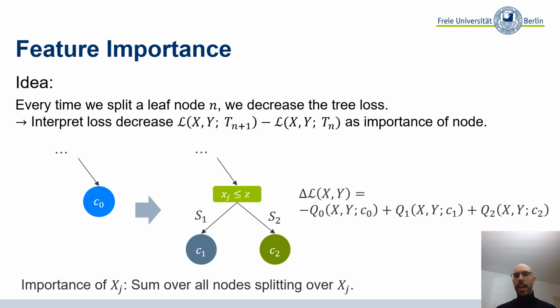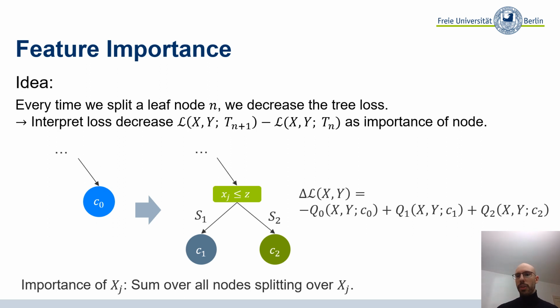So we just get the impurity score for the node that we had before the splitting, and then we subtract the impurity scores for the nodes that we get after the splitting. Now the idea is that we can interpret this change of loss as the importance of this node, and this node is associated to a specific feature or variable xj.